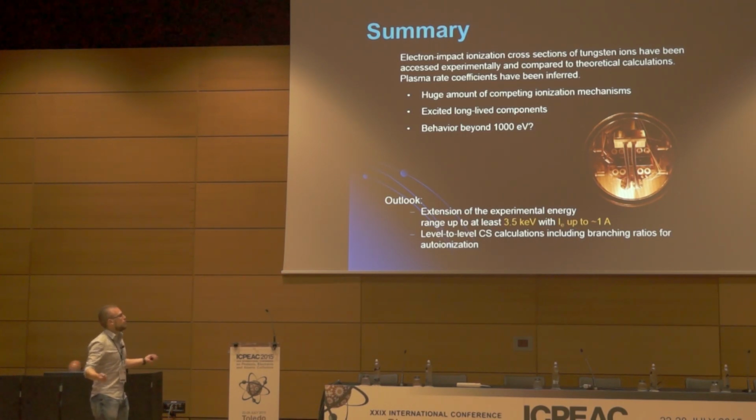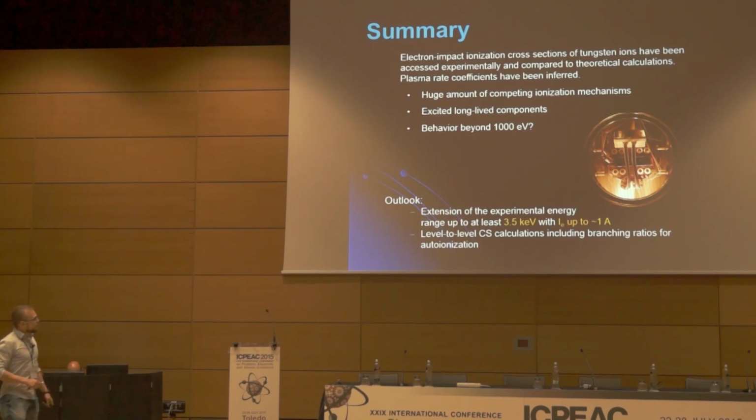In order to get more information and in order to let theory orient better on our experiment. And such work is going on right now in our institute. This is our new electron gun, which is already working in our lab.